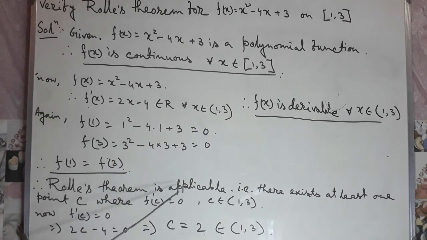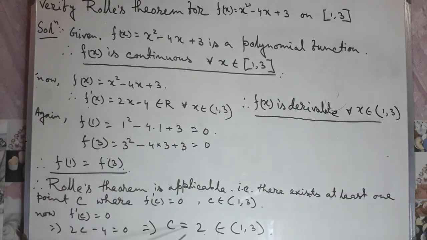So Rolle's theorem is applicable. That means there exists at least one point c where f dash c is equal to 0 and c lies in the open interval 1 comma 3. Let us see whether it is true or not. So f dash c is equal to 0. What is f dash x? 2x minus 4. So f dash c, putting c in place of x, we get 2c minus 4 is equal to 0.